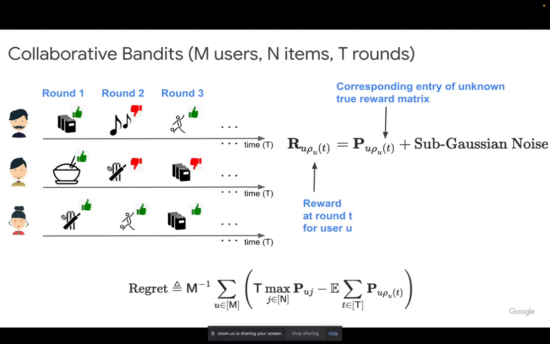We compute the difference between the best item that it could have recommended in hindsight for the entire T rounds versus the sum of rewards of the sequence of items that it has actually recommended to the user U. We also have an expectation to take care of the randomness in the algorithm and in the noise. The overall regret is defined as the average of this difference across all the users, so we have an M inverse at the beginning. Okay. So this is the quantity that we seek to minimize.